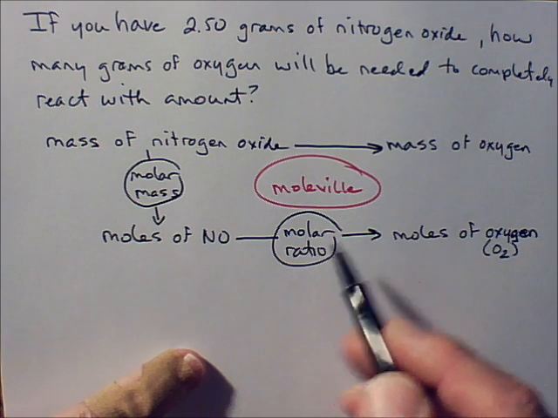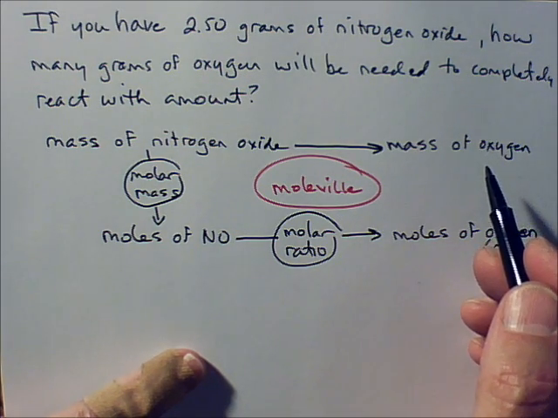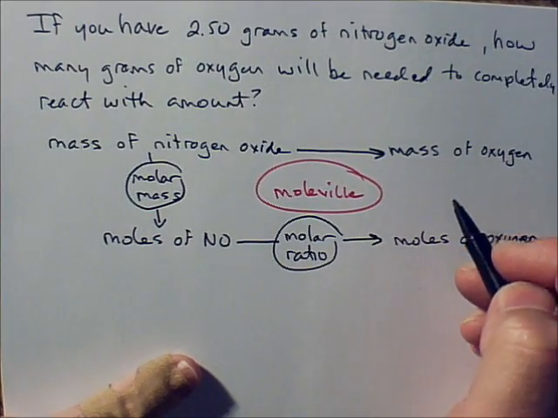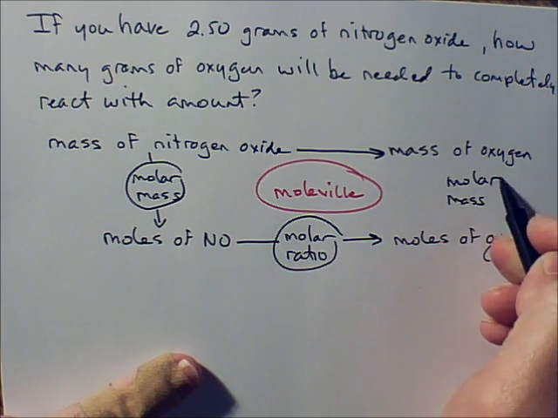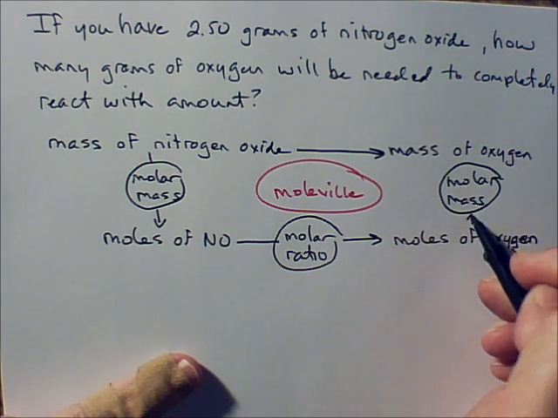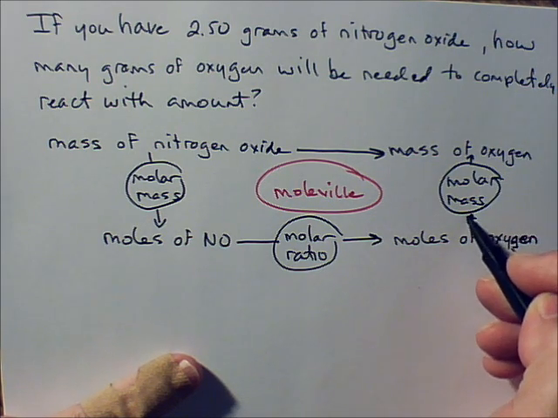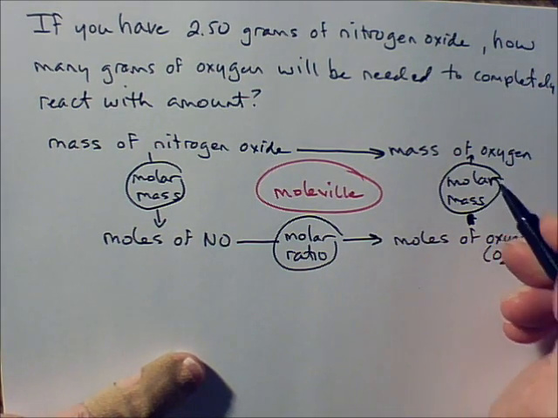And then to get from moles of one species to mass, we still have to have a molar mass. So we're going from here to here using molar mass again. From moles of oxygen to the mass of oxygen, you go through molar mass.